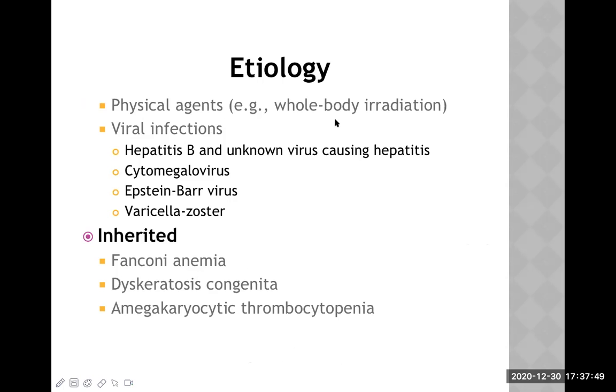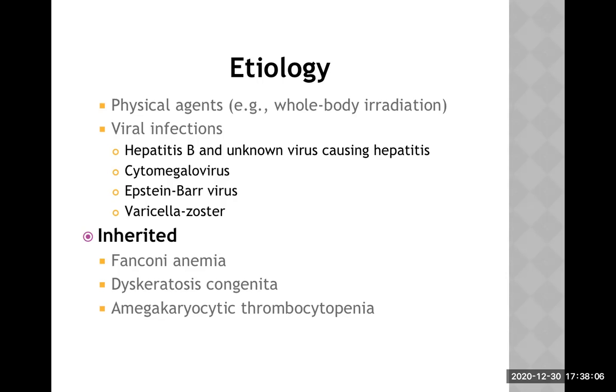What are the other factors? Regarding the physical agents, irradiation or radiation exposure is one of the big factors here. Especially whole body irradiation plays a big role. Apart from damaging different organs or tissues, bone marrow is also severely damaged by radiation exposure.